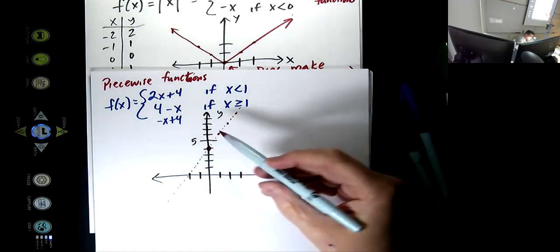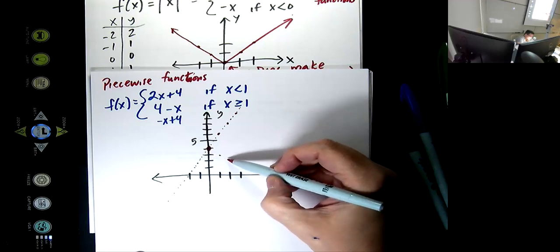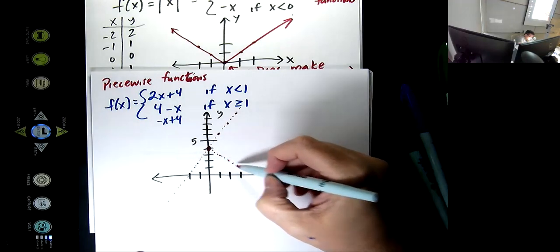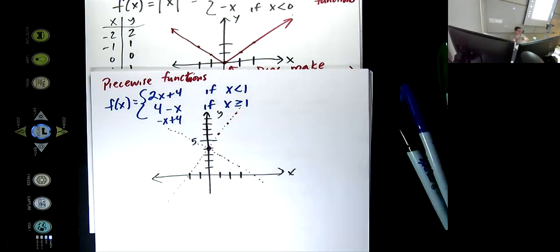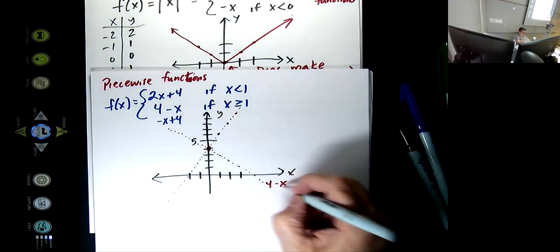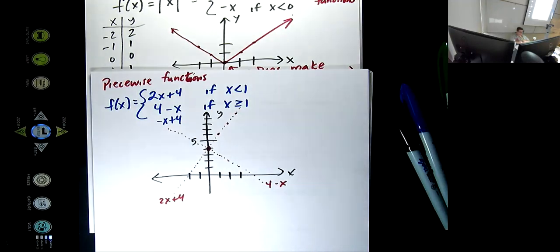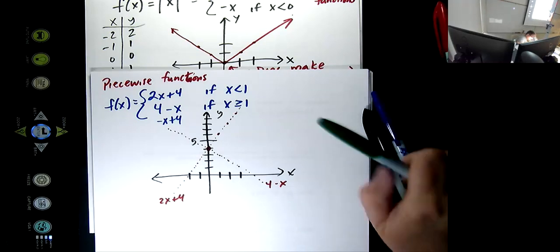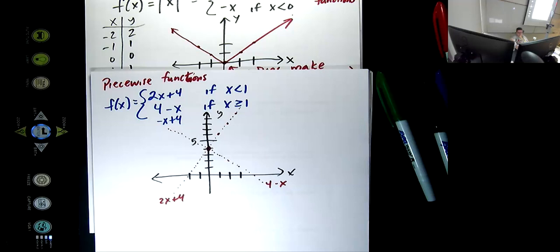My other one, negative x plus 4, starts here, and its slope is -1, so down 1 over 1. So this was the 4 minus x, and this is the 2x plus 4. Now I'll wait for you guys to have that graph, because once you have that, it gets pretty easy after this.